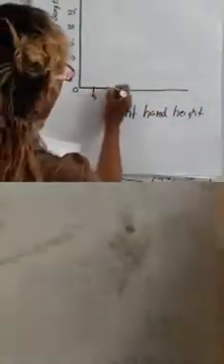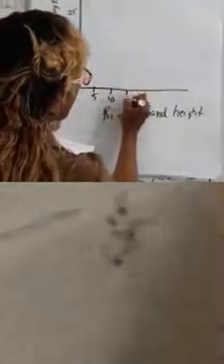All right. Let's see. You had 0, 5, 10, 15, 20, 25, 30.